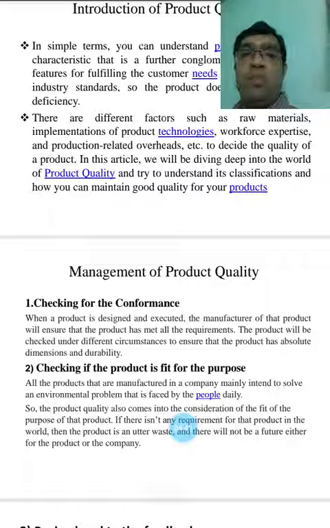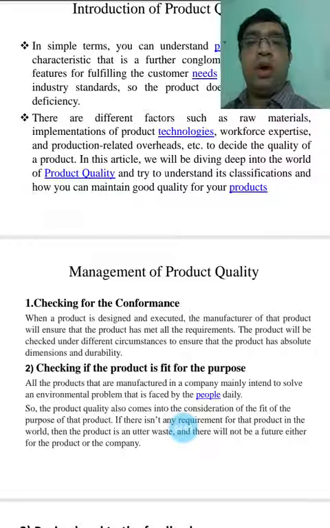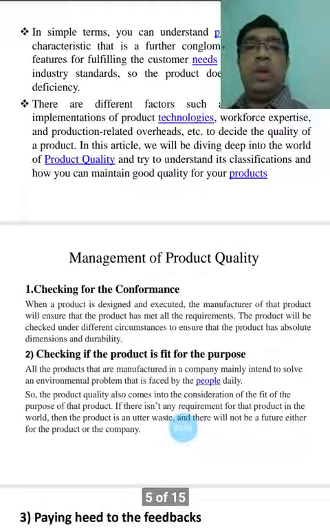And also production-related overheads. Overhead is very important to calculate, that is, which type of cost estimation applies to your product quality. You have to reduce your overhead cost, and also the transportation cost.